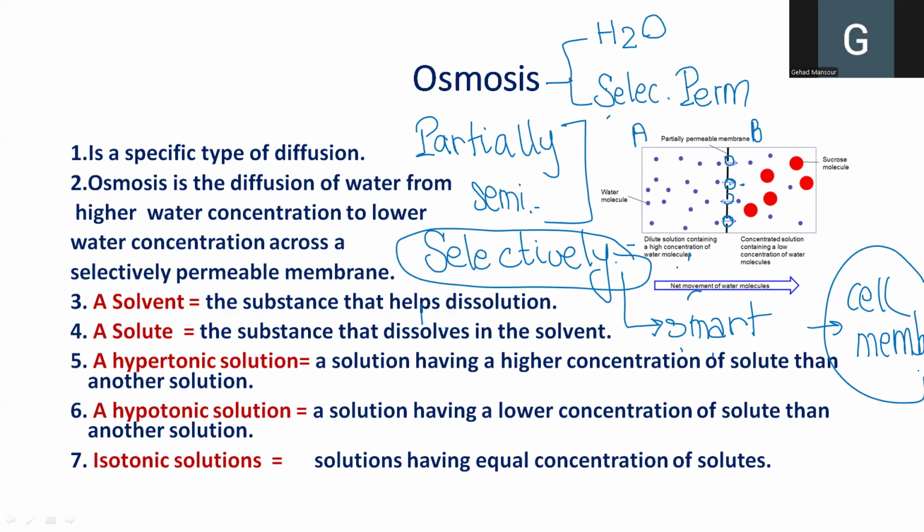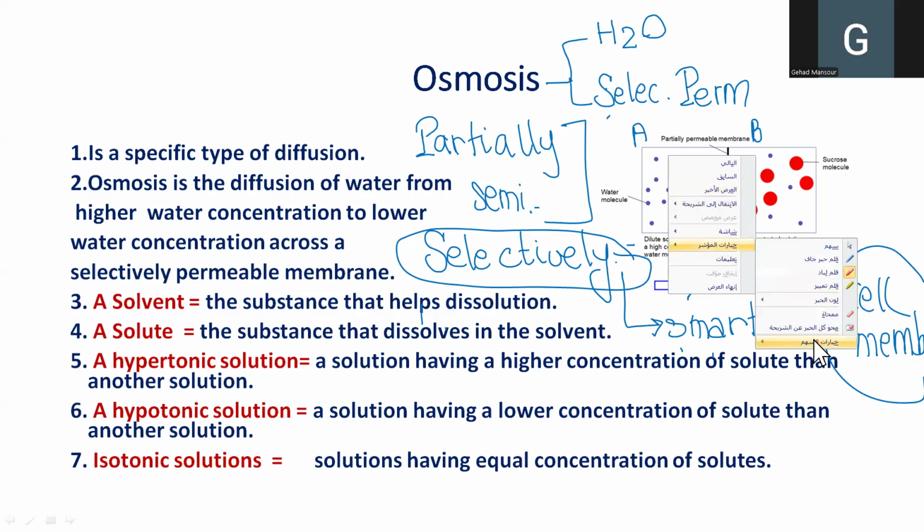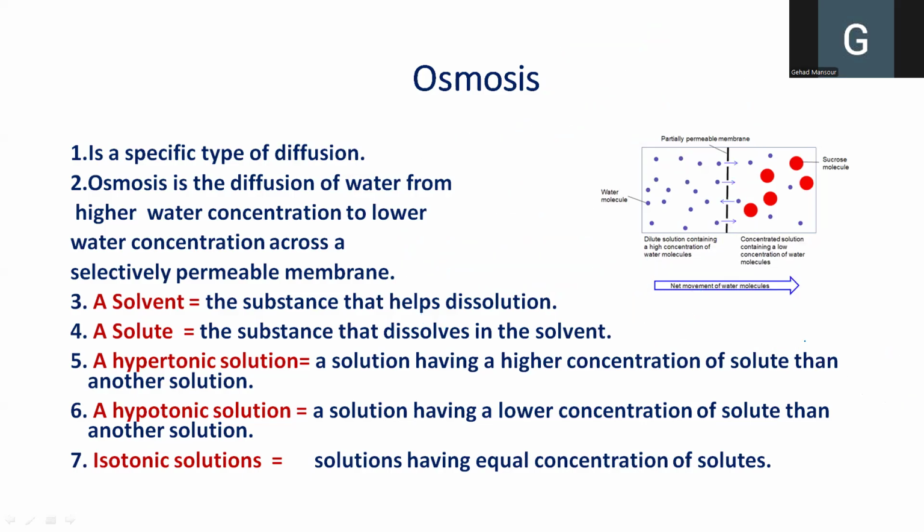Coming back to solutions, we are talking about concentrations of solutions. So what is a solution actually? A solution consists of a solvent and a solute. The solvent is a liquid substance where the solid particles will dissolve.